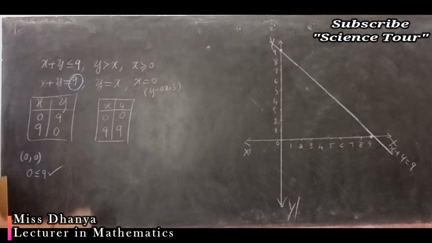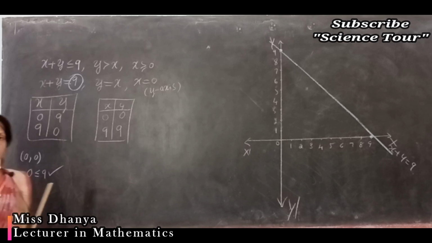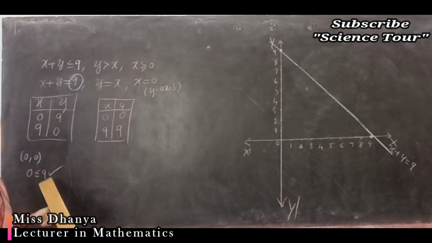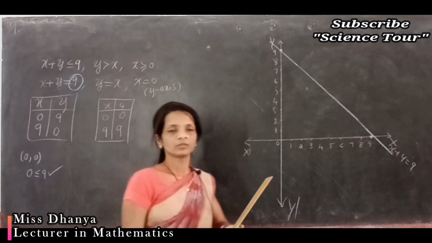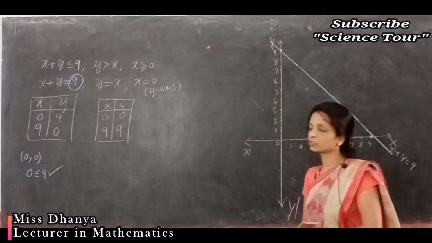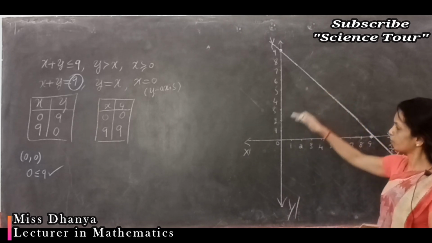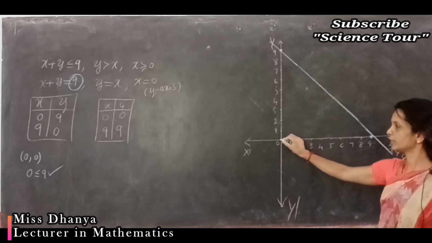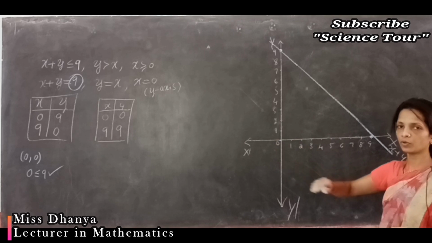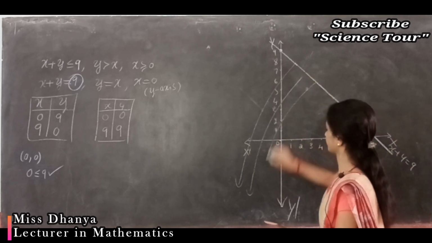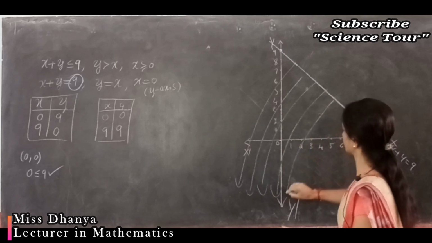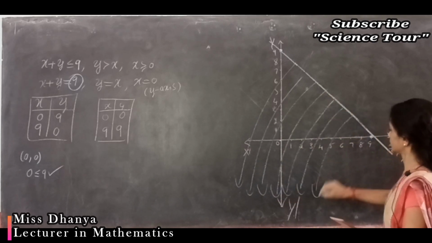This inequality is a correct inequality, right? So if that is a correct inequality, then which half plane do you have to shade? You have to shade the half plane containing that checking point. Okay, so in which half plane do you have the checking point? That is here in the lower half plane. So you have to give shading for the lower half plane.